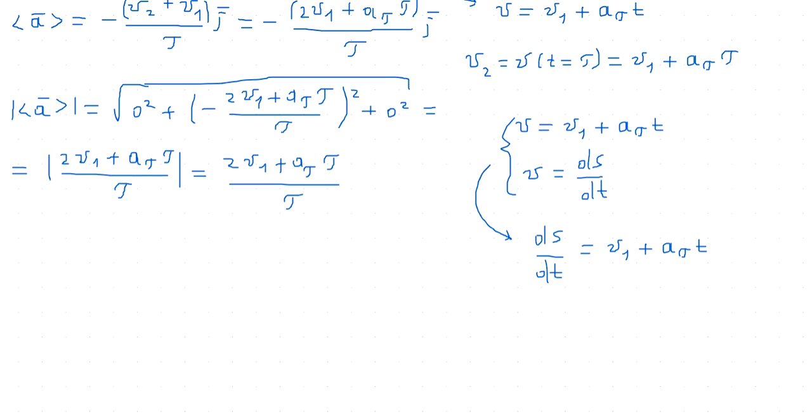The first step is to separate variables. Variables are s and t. So how to separate them?